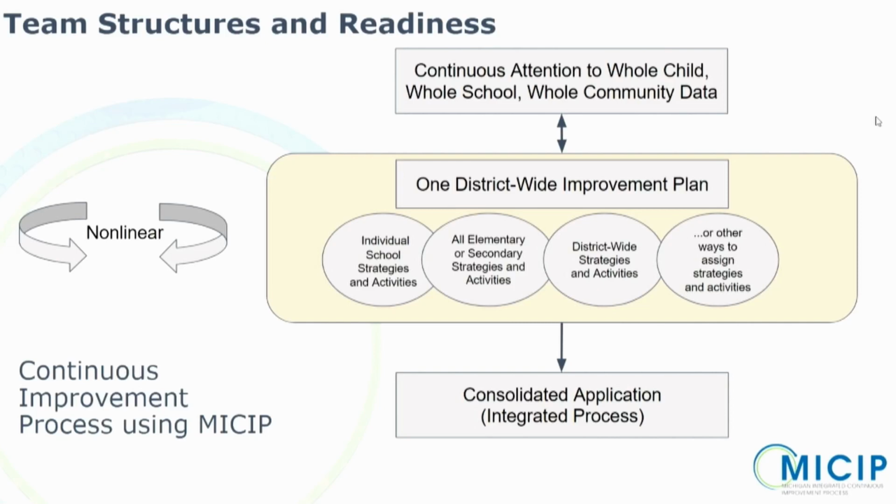But it's the teams that are communicating, because you can make all these great decisions at the district level, but if the teams at the building level aren't on board or they don't understand why, it's not going to be implemented with any type of fidelity at all. So you're just going to get some really bad results. You might get some pockets of successes, but there's communication that needs to happen up and down.